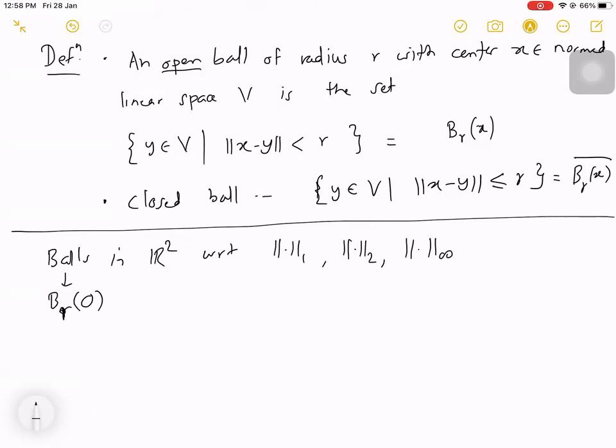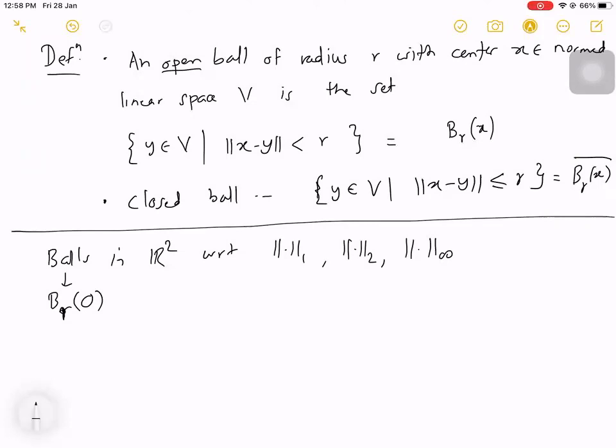Just take a minute to think about this. Which one is the easiest to do? The 2 norm is just a circle. If you think from first principles, that is perhaps the hardest one, because you actually have to understand what happens in the quadratic situation. But we know that's just the usual circle. The other two are easier.